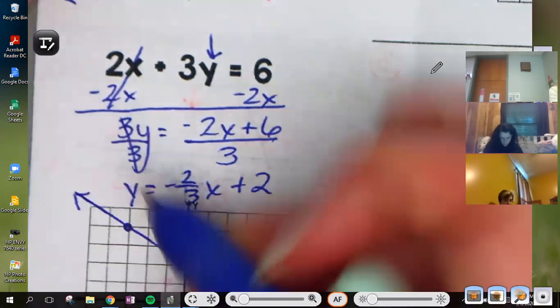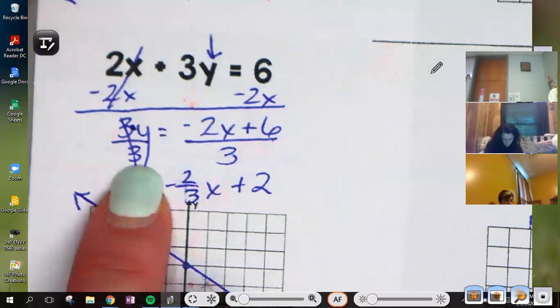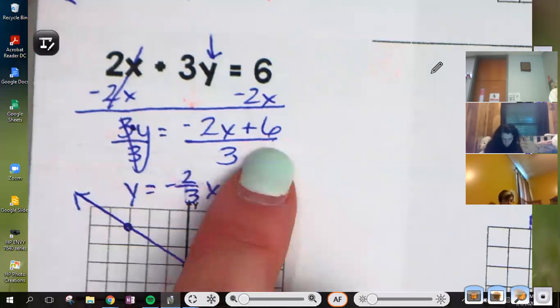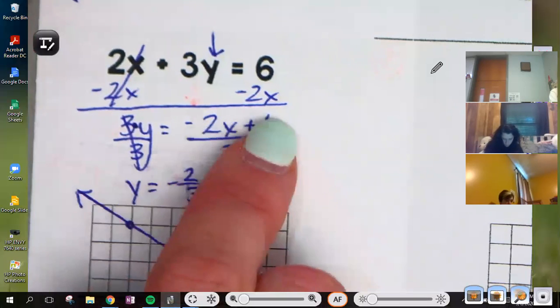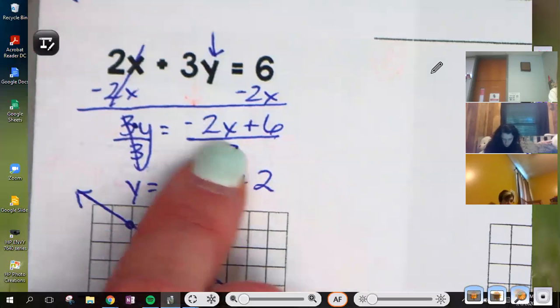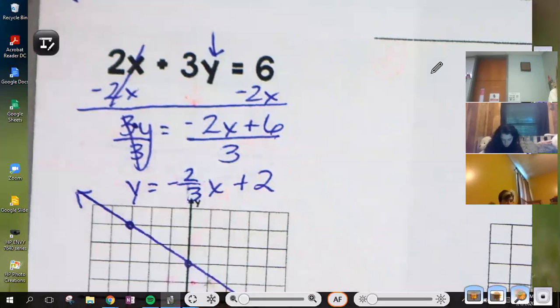All right, now I'm trying to get rid of this times 3. So I divided by 3. If I do it to one side, I have to do it to the other. So I'm dividing -2 and 6 by 3. -2 divided by 3 is just -2/3. It won't simplify, and you don't want a decimal.